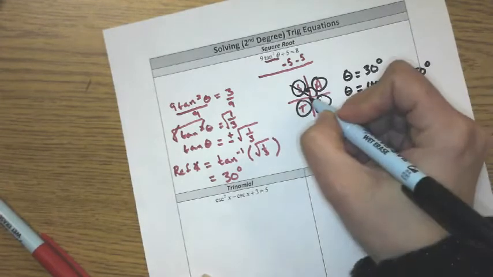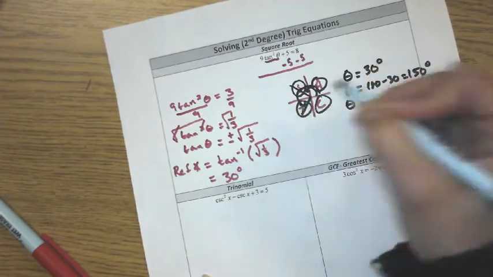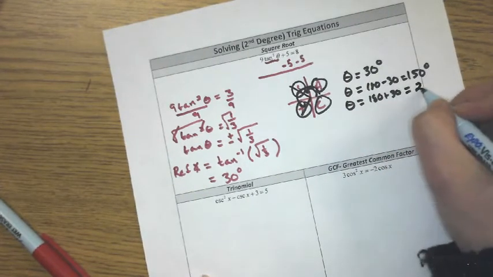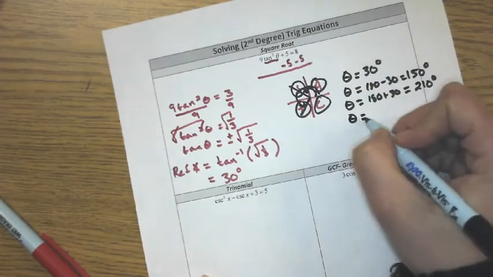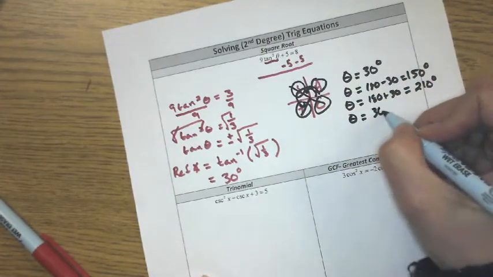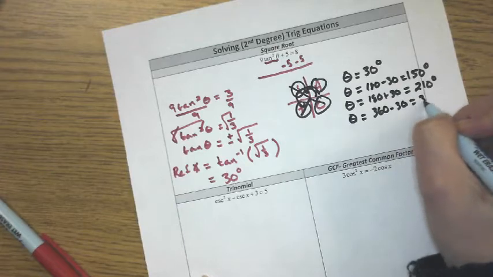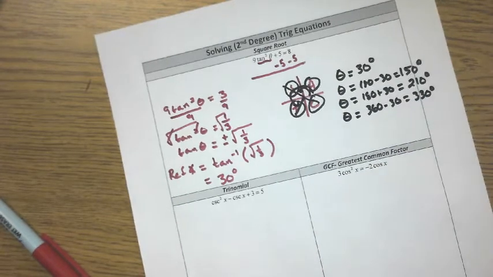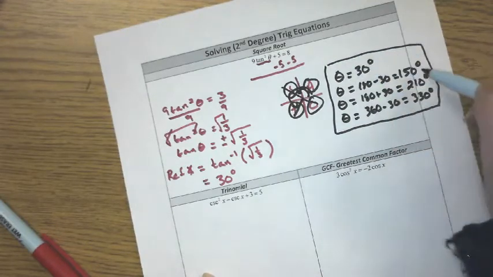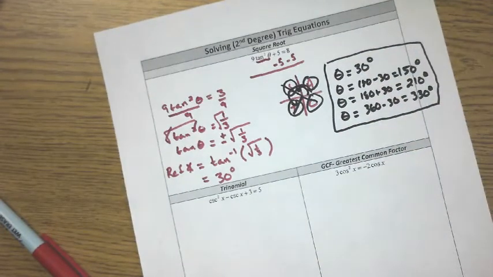Your third quadrant angle, you want to go past 180, so 30 past 180 is 180 plus 30, or 210. Your fourth quadrant angle, you want to be thinking about being short from 360, so 360 minus 30 is 330 degrees. So in this case, you actually have 4 answers: 30, 150, 210, and 330 degrees.